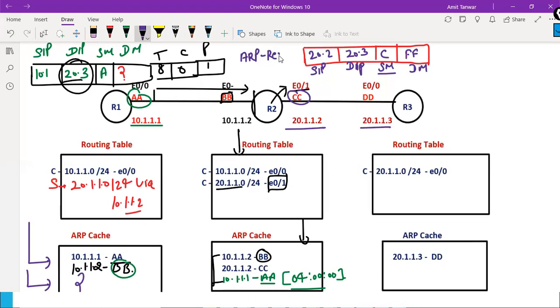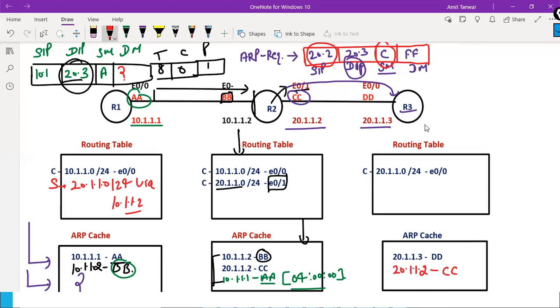This is the second ARP request, generated by R2 for R3. It will reach R3. R3 will check the destination IP. This is for me. Then it will check the source IP, which is 20.2, and source MAC C. Then it will update its ARP cache with 20.1.1.2 and MAC address C.